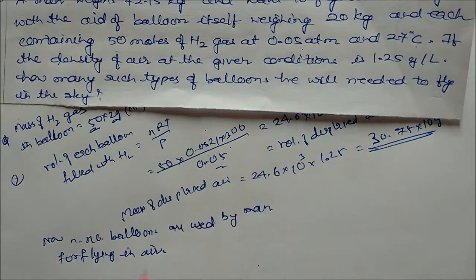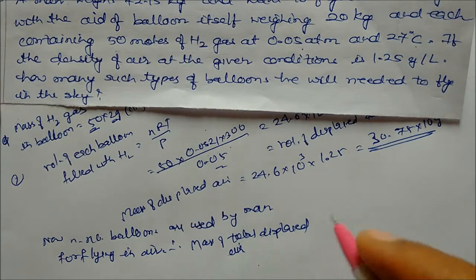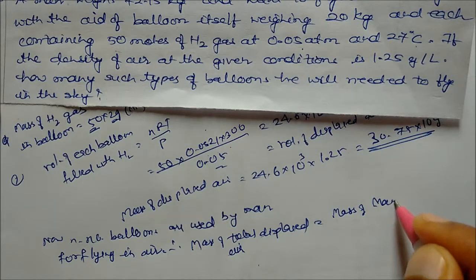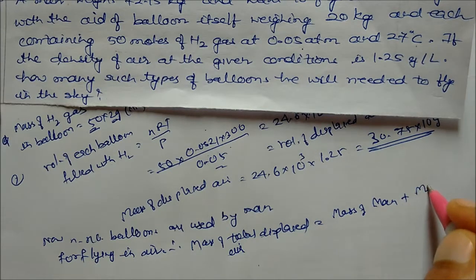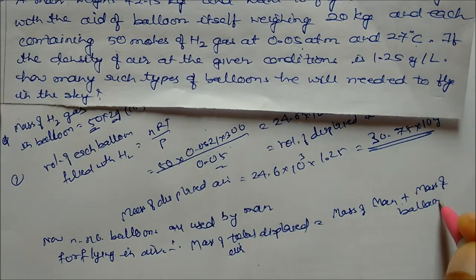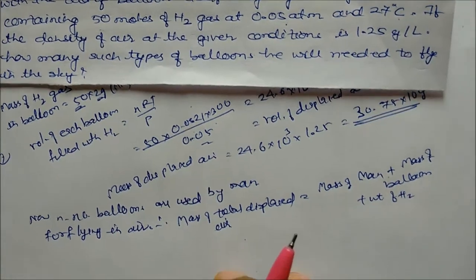Okay, therefore the mass of total displaced air will be the mass of man plus the mass of balloon plus the weight of hydrogen.